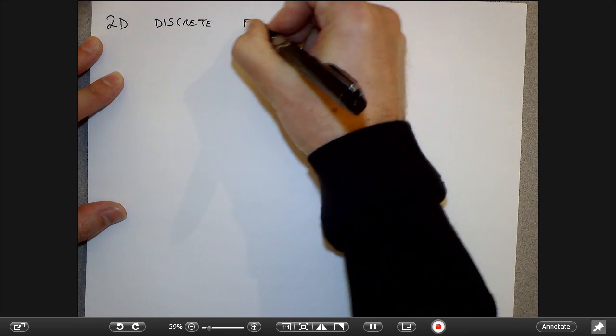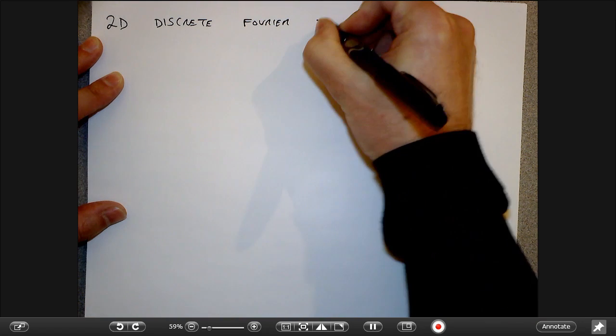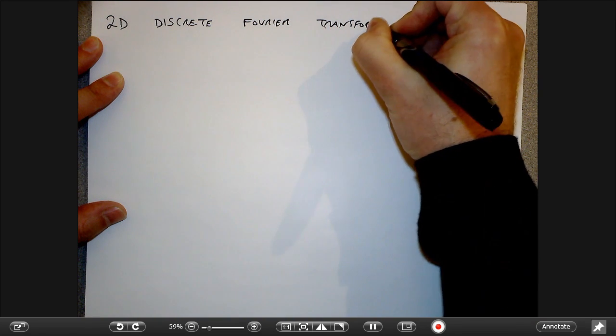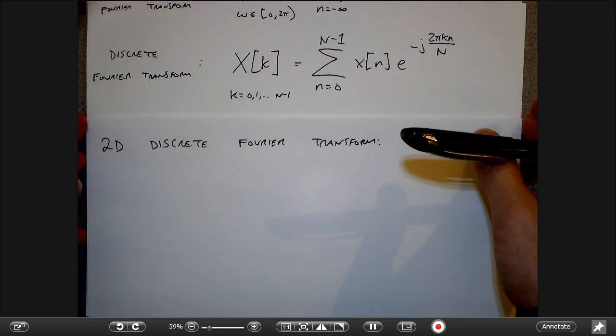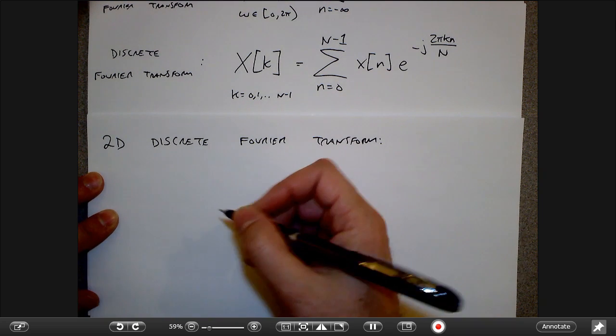It's pretty easy, so we're just going to follow our nose, and we're going to define the 2D discrete Fourier transform. I'm just going to keep my old 1D Fourier transform here just for reference. It's basically the most natural thing.